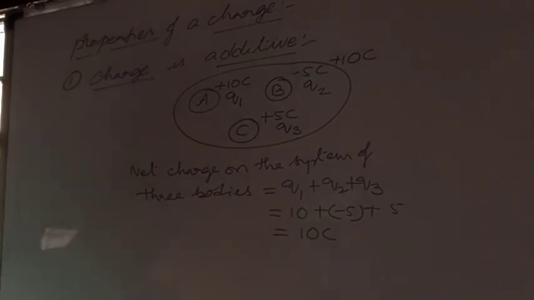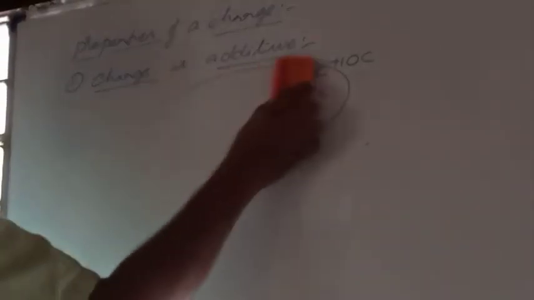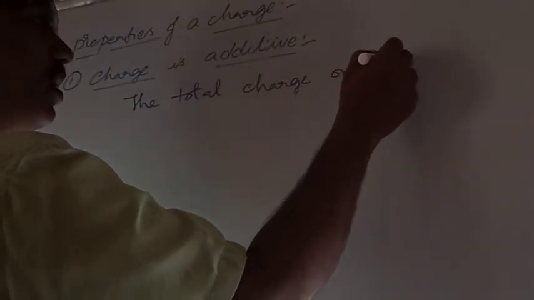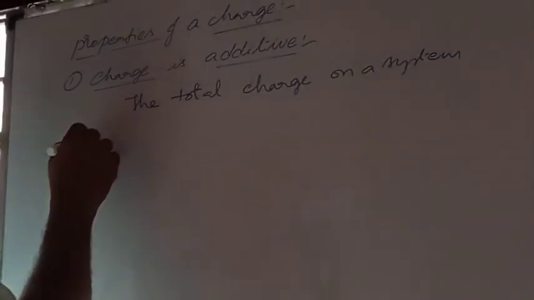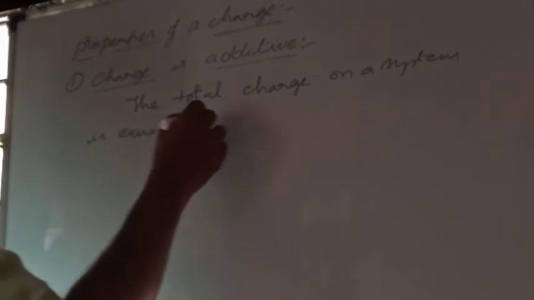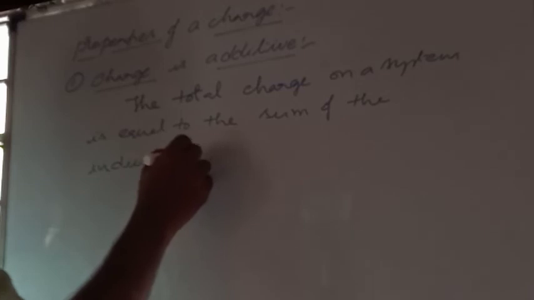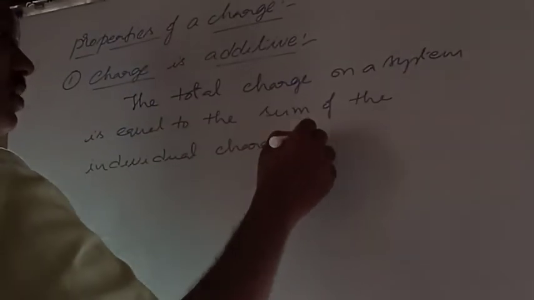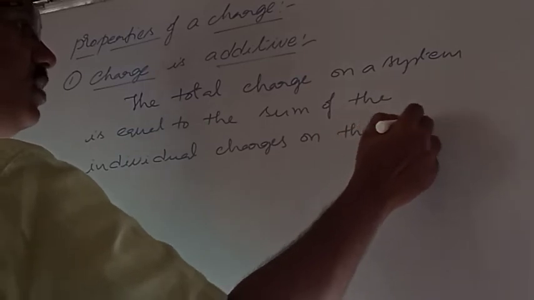If we want to define this property, we can define it like this: the total charge on a system is equal to the sum of the individual charges on the bodies.